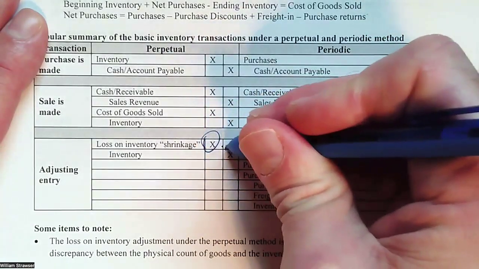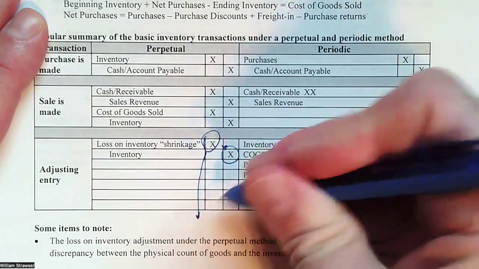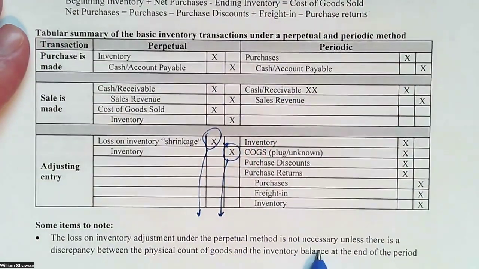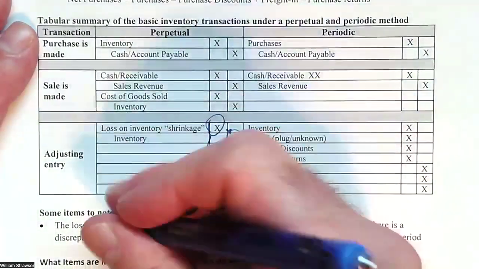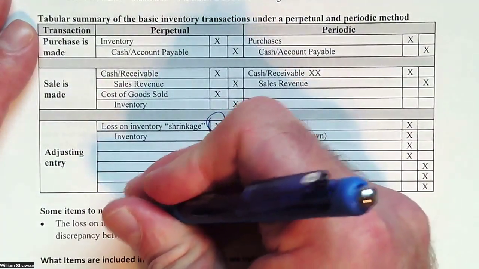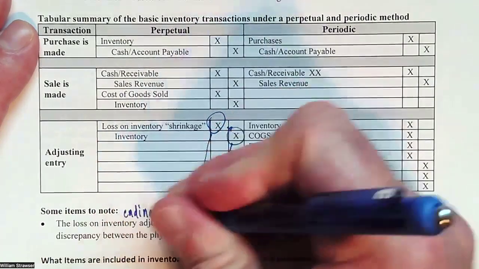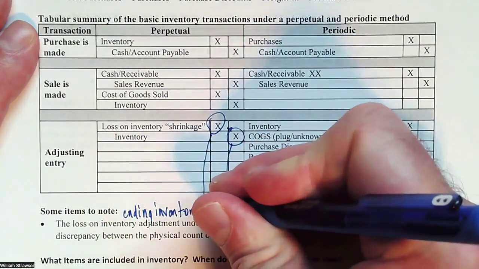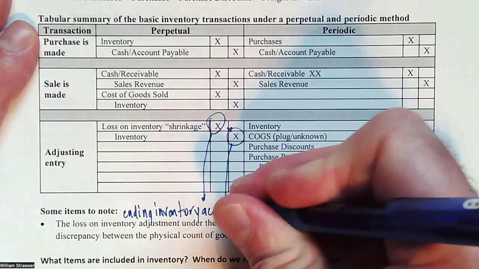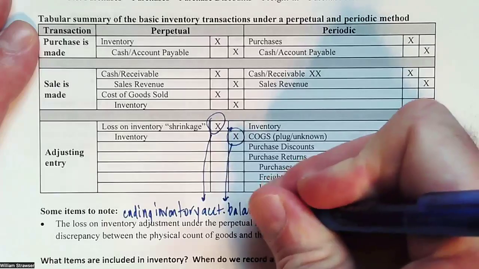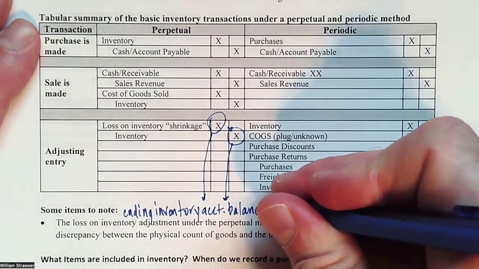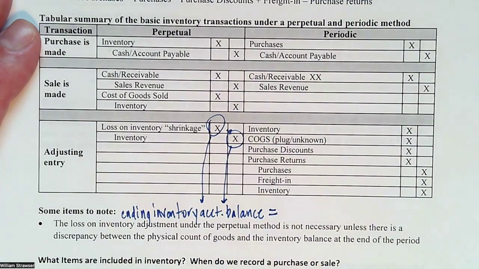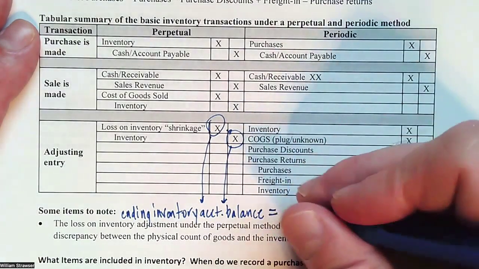So the value of X here, if you like equations rather than words, I do describe it here, but is basically what the ending inventory account balance is. So you're looking at that T account and figuring out what we should have ended up with if we accounted for all the purchases and sales that were recorded.